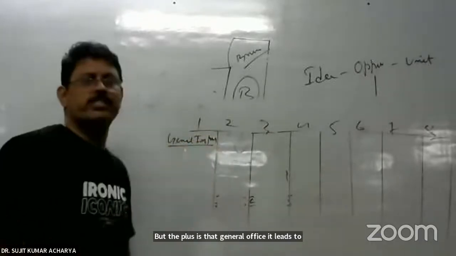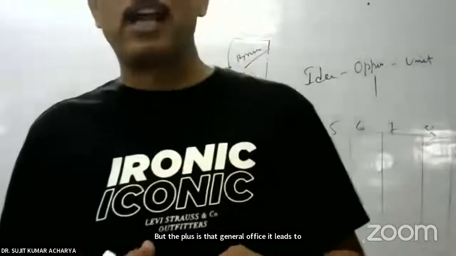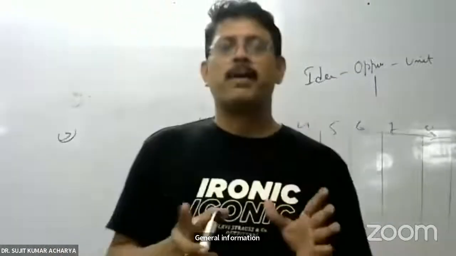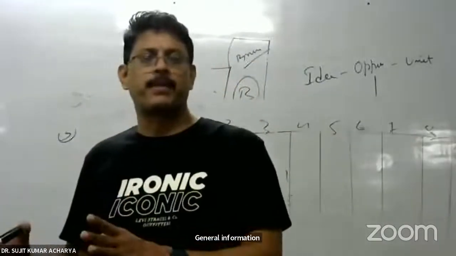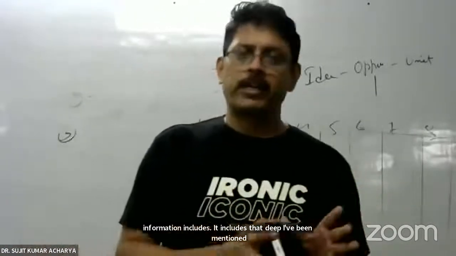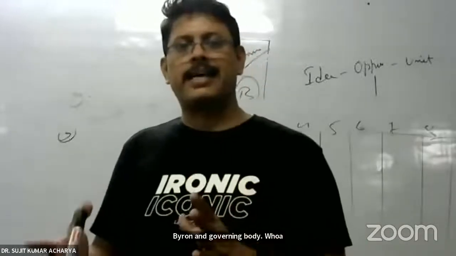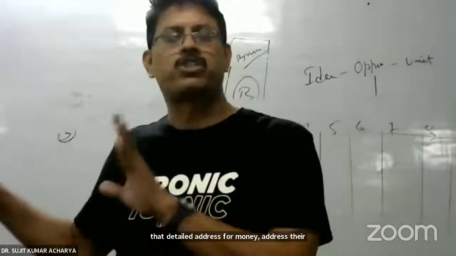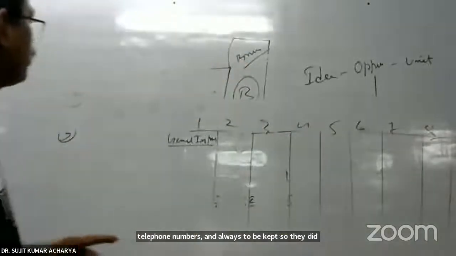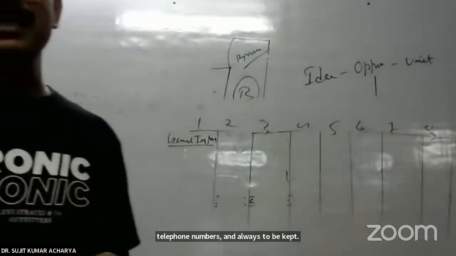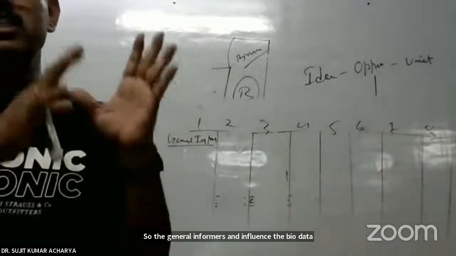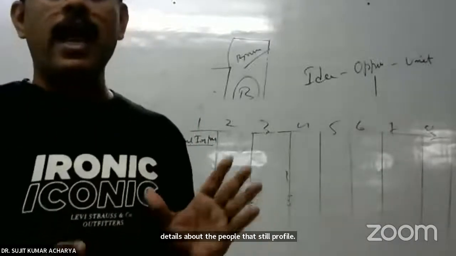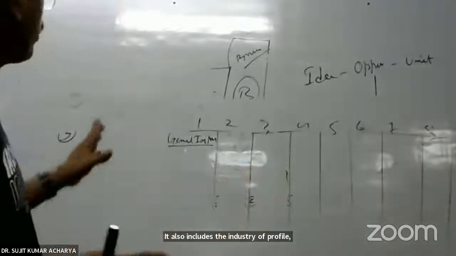In project formulation we need general information. Now what does that general information include? It includes the details of the members, the biodata of the members, biodata of the governing body, who they are, their address, detailed address, permanent address, their telephone numbers, and all is to be kept. So the general information includes the biodata, details about the people, the industrial profile and the product details.